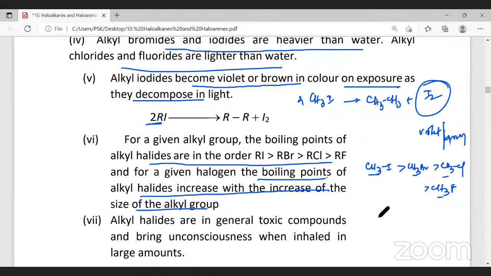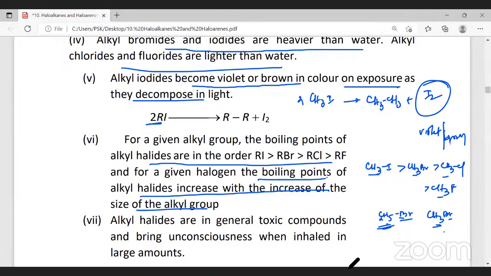For example, if I take C2H5Br and CH3Br, both are alkyl halides. You can see this alkyl group is bigger compared to this. Halogens are the same here, both contain bromine, but the alkyl groups are different.